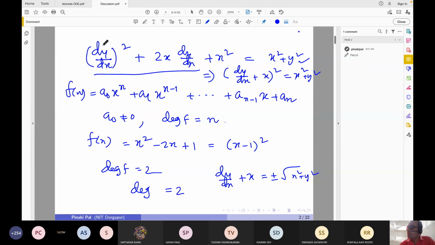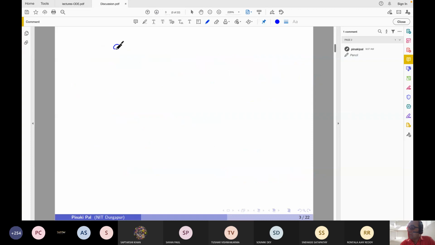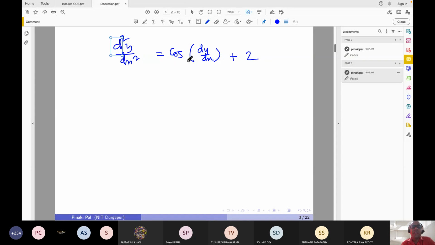Some of the examples we considered, like d2y/dx2 is equal to say cos(dy/dx) and some other function, say 2. Here degree is not defined because of the involvement of this cos function. It is not directly a polynomial function. Order is 2, but degree is not defined in this case.